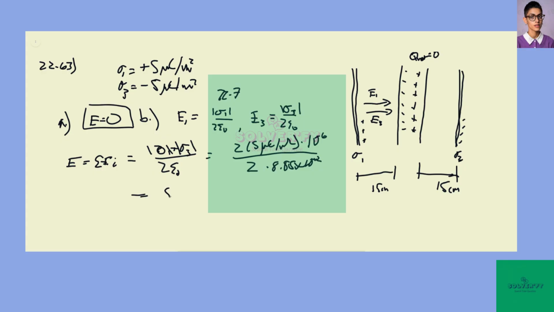And this comes out to 5.65 times 10 to the 5 newtons per coulomb. And we know it's to the right from our directional argument. Cool.